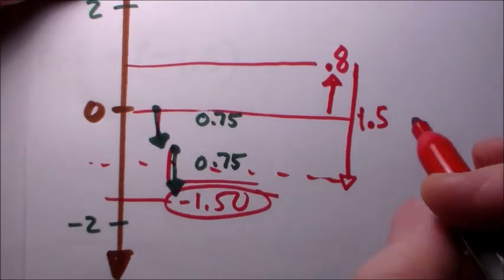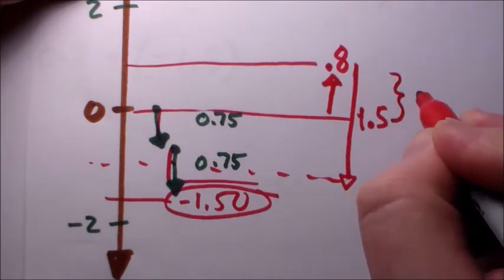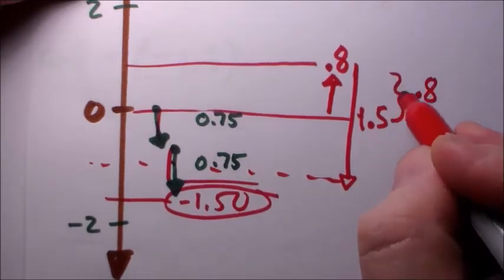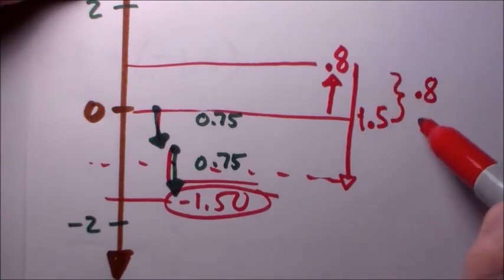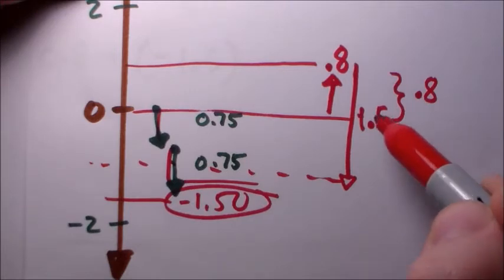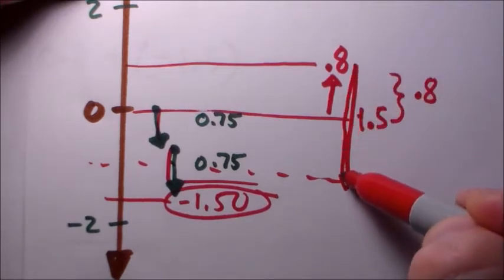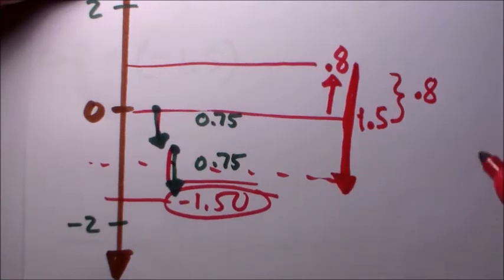Well, as we know, the first 0.8 of this 1.5 will be used to get back to 0, right? So how much of this negative 1.5 do we have left? Well, what's the difference?